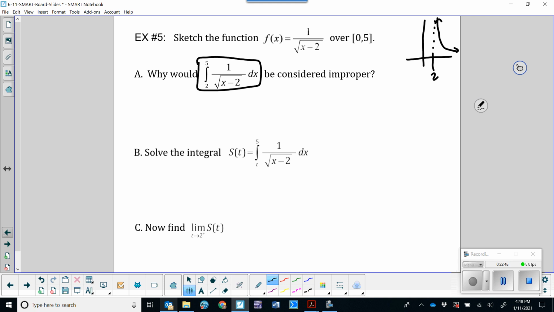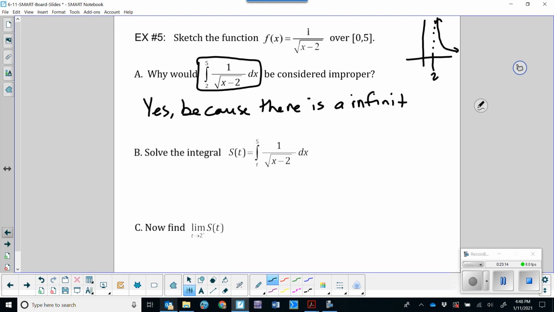But the thing that will now be possible is that there's a discontinuity either in the interval or on the endpoint. And so you cannot just do the problem without considering that, okay? So this is considered improper. Yes, it is considered improper because there is an infinite discontinuity.